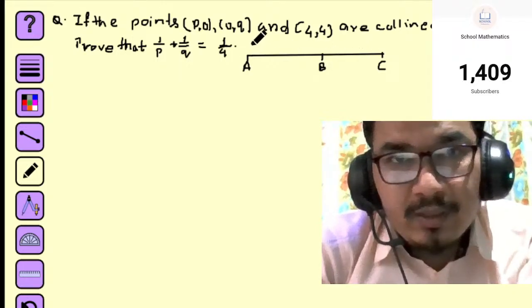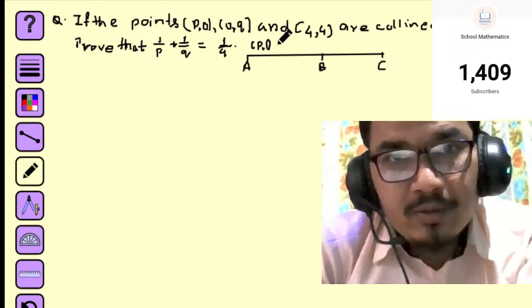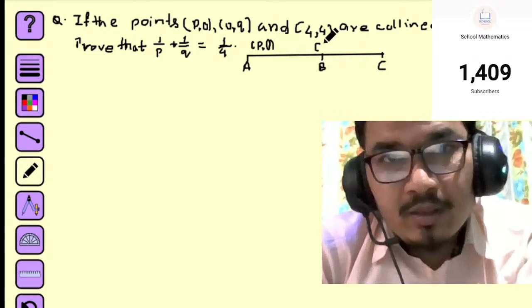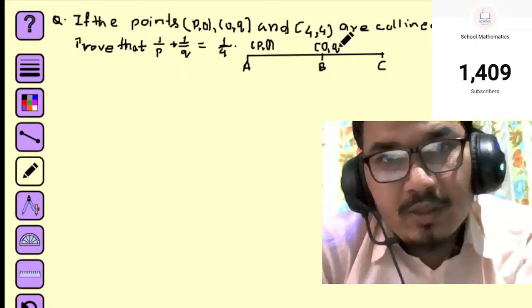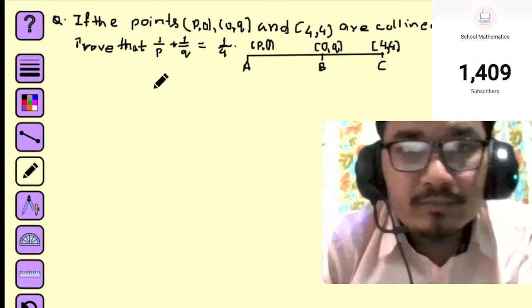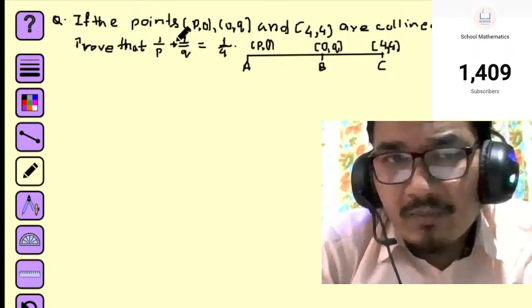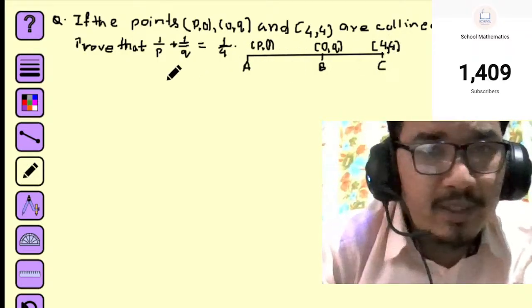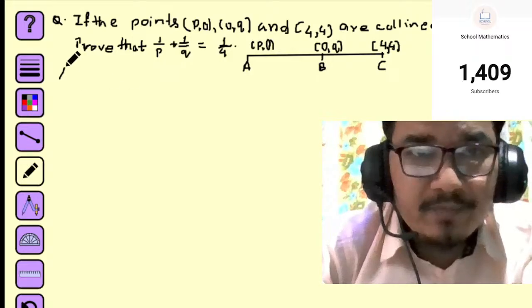This coordinate is P, 0, this one is 0, Q, this is the coordinate of B, and the coordinate of C is 4 comma 4, the third one. Once again I repeat, collinear means the given points are lying on the same line. This condition we are using here.